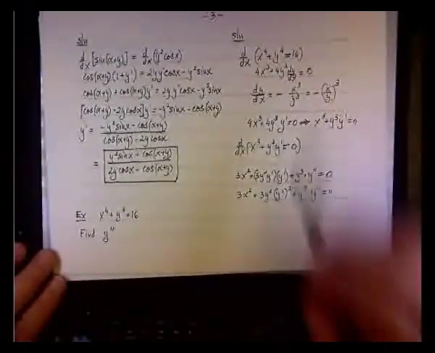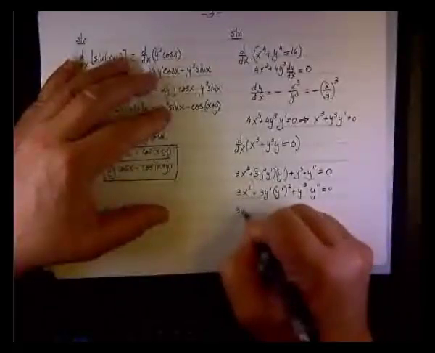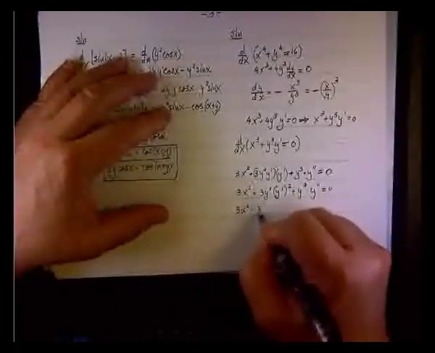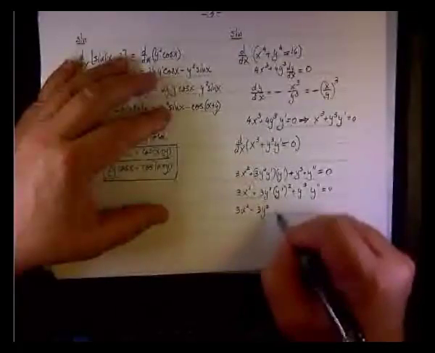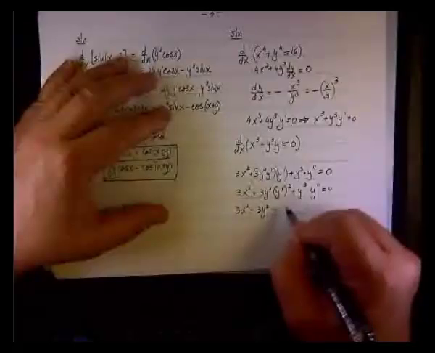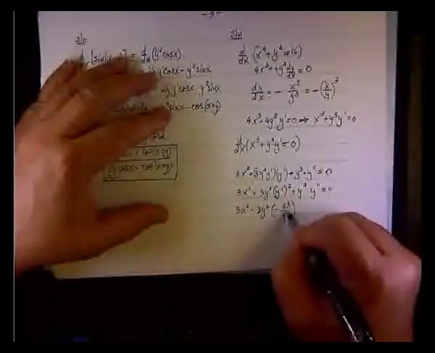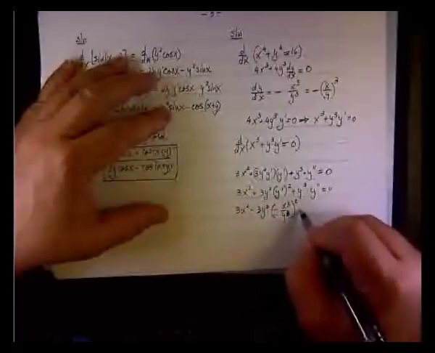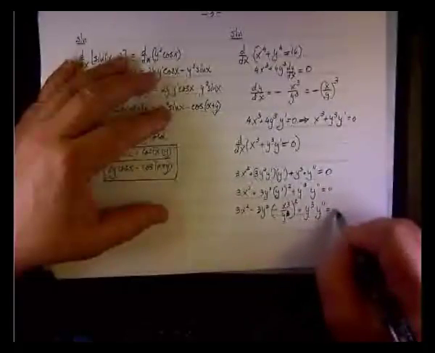So we're going to substitute at this point. We have 3x squared plus 3y squared times, instead of y prime squared, negative x cubed over y cubed, and I square everything here. And then I have y cubed times y double prime equals 0.